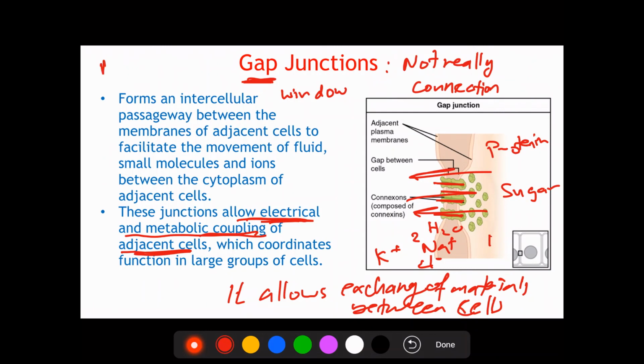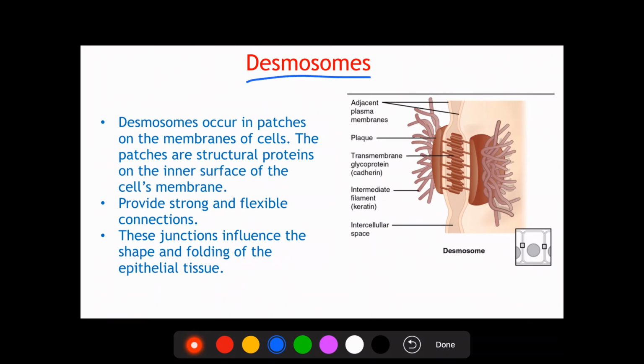So at one end we have the tight junction, very strong, no exchange of materials. At another end we have the gap junction, very weak, and it allows exchange of material. In the middle we will have desmosomes. This is a mix between the two. It's tough, flexible, and allows exchange of materials.